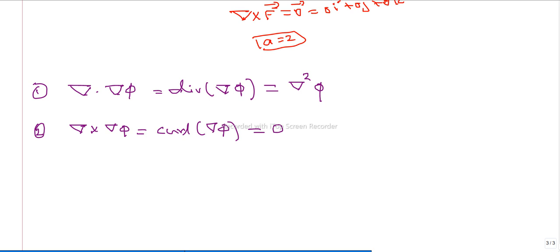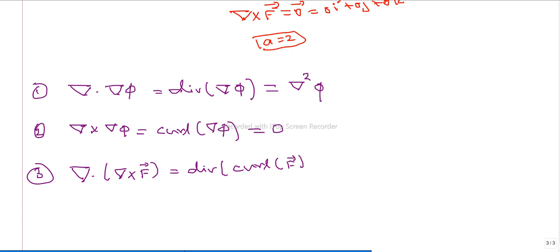Now the third one, suppose del dot del cross f. So this is dot, therefore it is divergence of, but what is this? Curl of f is nothing but 0. So similarly here, del phi is nothing but gradient.